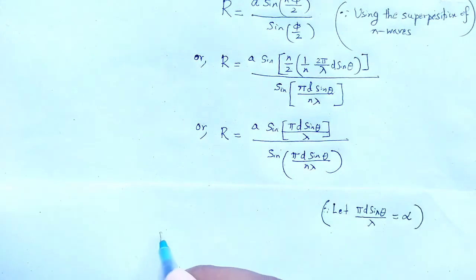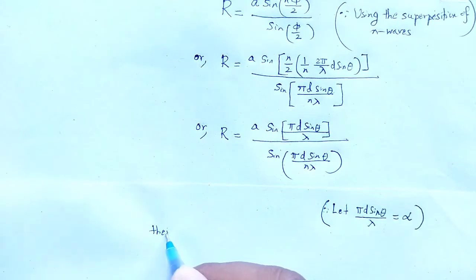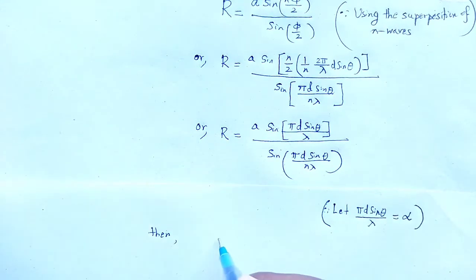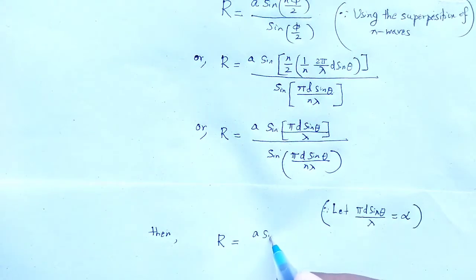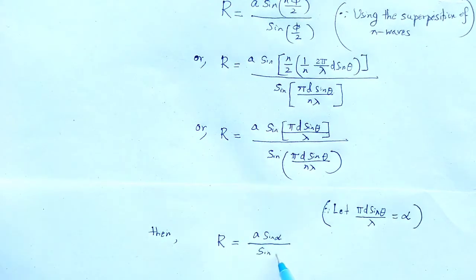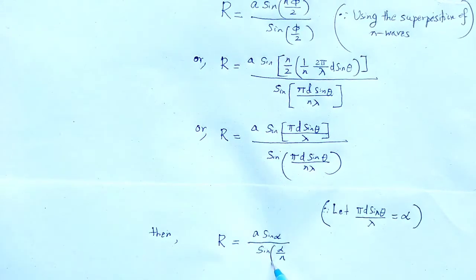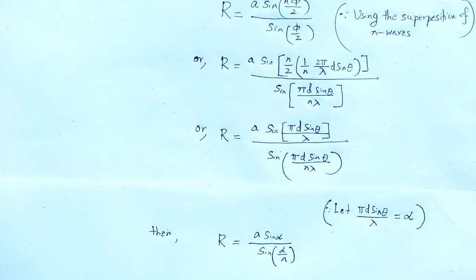Then the resultant amplitude R is equal to a sin alpha divided by sin of alpha by n.